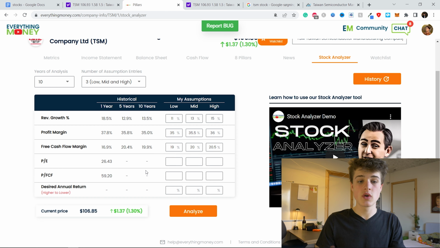And for the PE ratio, guys, this is a large cap stock, a mega cap stock, $500 billion. So you have to think about when the company grows even more with a 15% year-over-year revenue growth over the next 10 years. That is going to be a huge company.